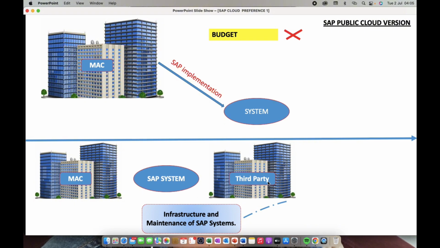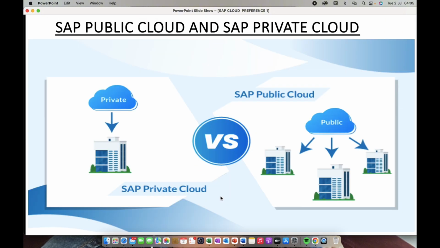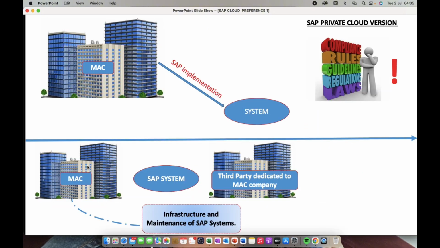Unlike before, where the SAP system was run on a different company's server, a third party, and the infrastructure and maintenance of the SAP system was done by them, here we are going to be running the SAP system on Mac's server.